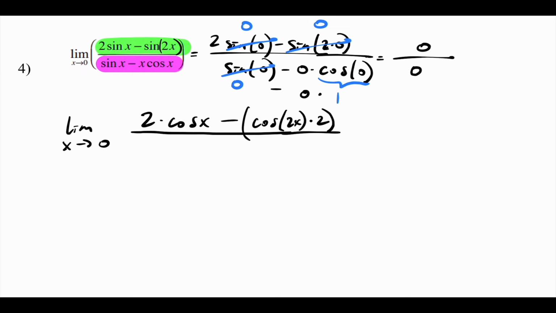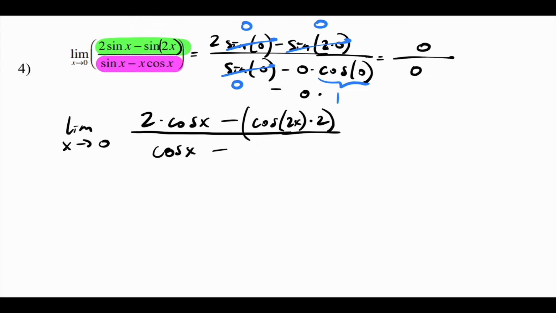The bottom, again, it has 2 parts as well. It has 2 terms. The first term is sine x. Derivative of sine x is just cosine x. Minus x times cosine x. That's x, a function, times cosine, which is another function.